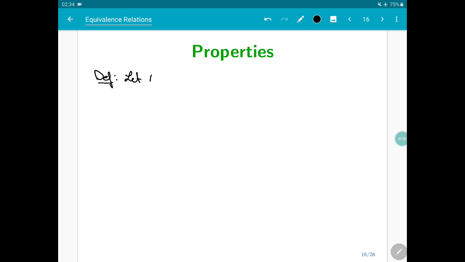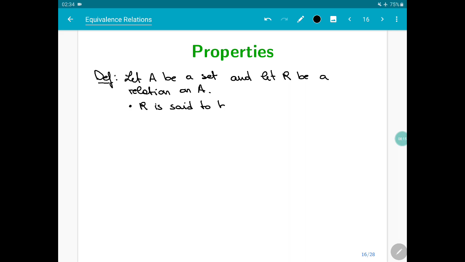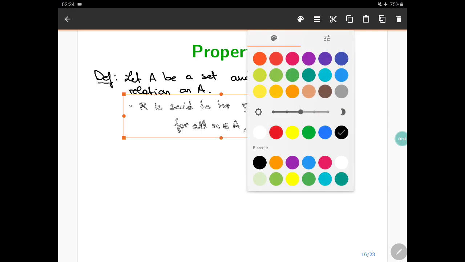So again, we need a set A. And let's consider also a relation R on A. Okay, so we say that R is said to be reflexive if for all x in A, (x, x) belongs to R. Okay, let me put this in color.